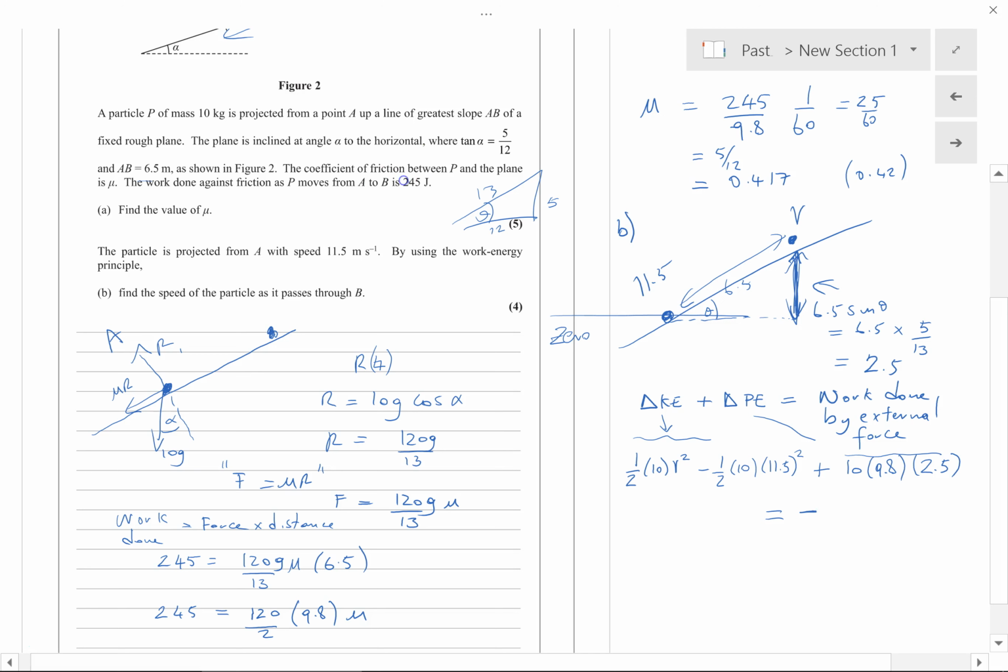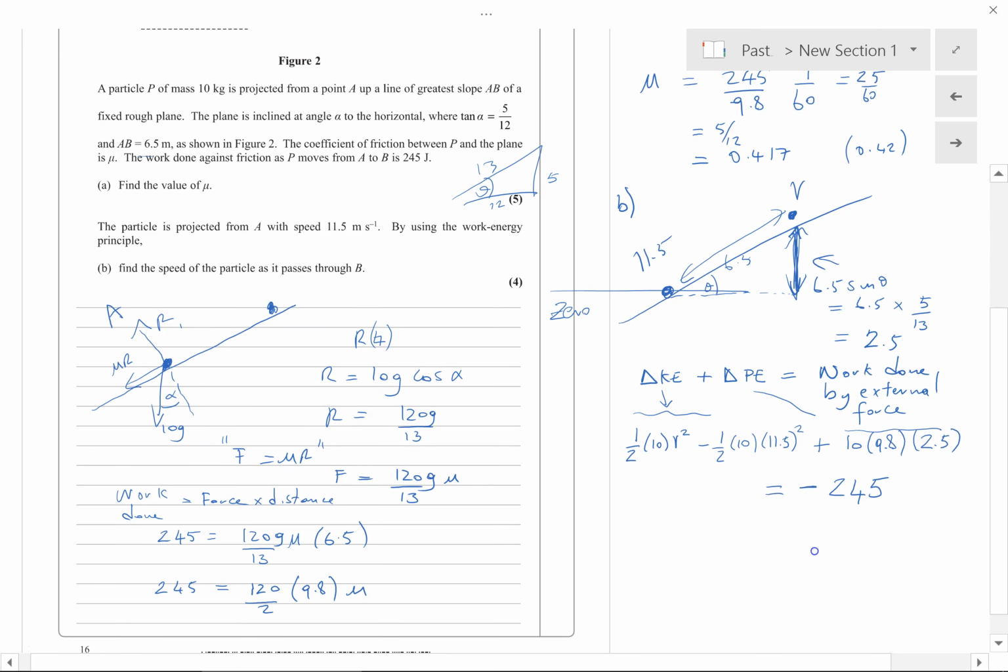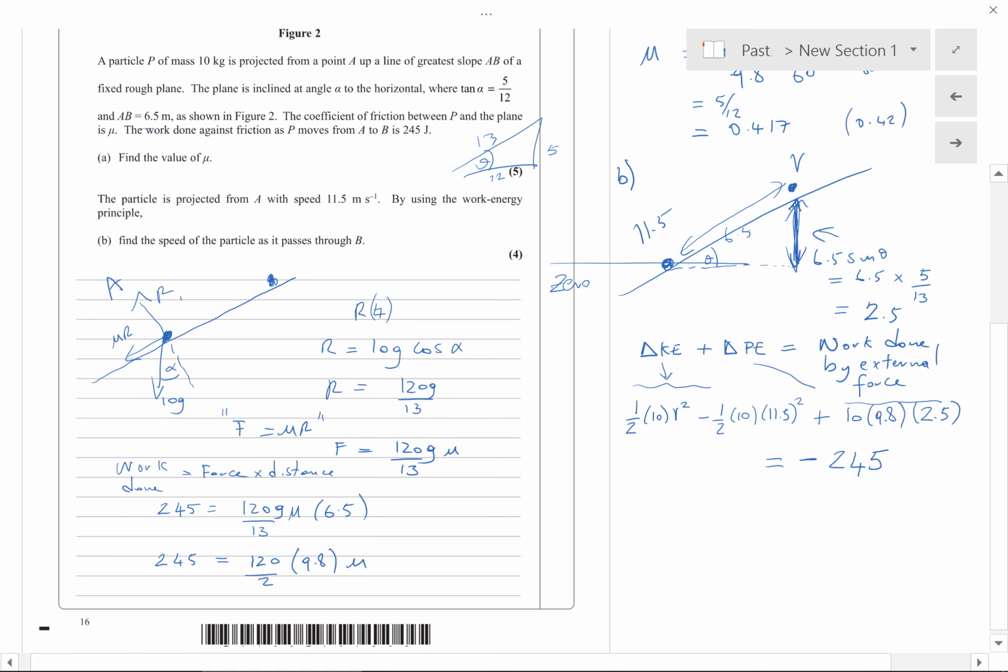We're given it in part as that number, the actual work against friction, basically the amount of mechanical energy taken away from the system because of friction. The negative is because the energy has been taken away. If it were a cyclist going up a hill with a driving force, then that would add to the system, but here it's taking it away.